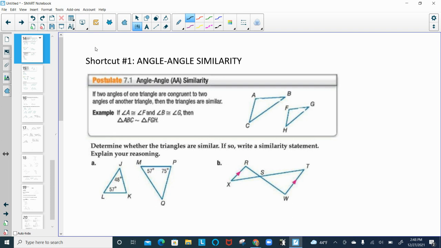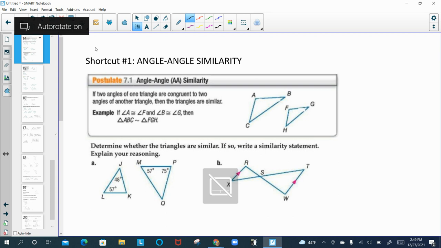The first shortcut that we know about is often the most simple shortcut, and that's the shortcut called angle similarity. It says if two angles of one triangle are congruent to two angles of another triangle, then the triangles are similar.